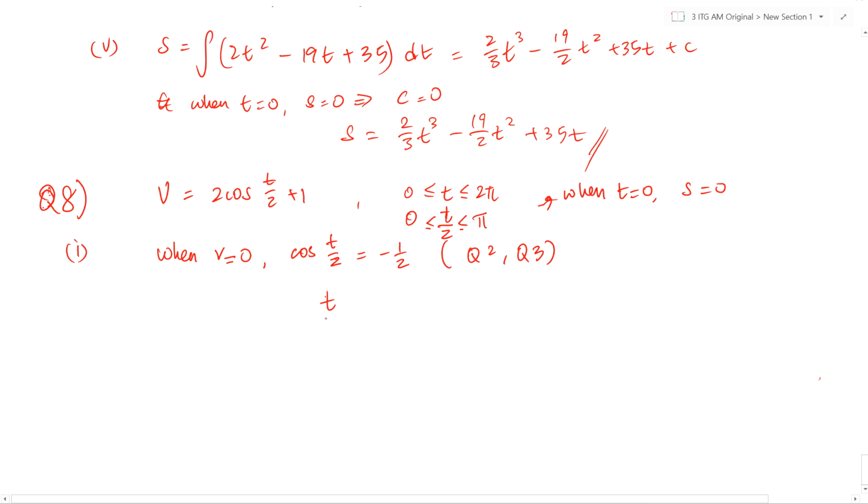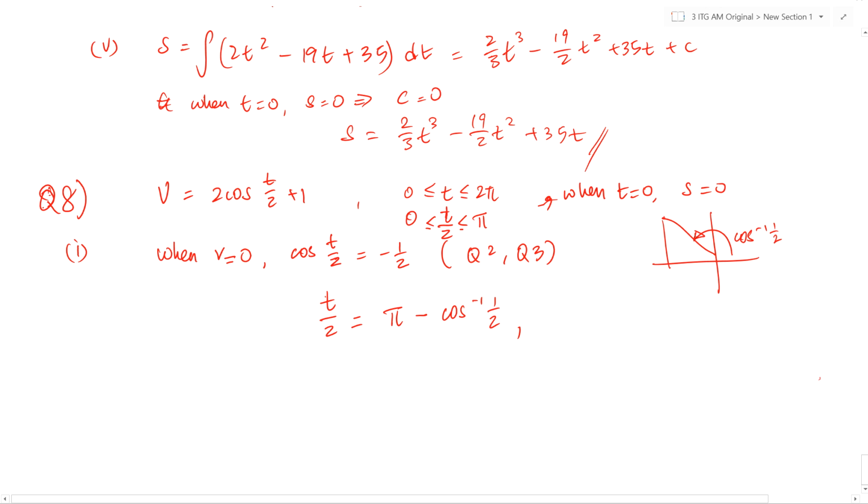I can tell that t over 2 is now going to be in quadrant 2, there will be pi minus cosine inverse half. That's going to be my first answer. Do you agree? This is the angle in quadrant 2. Now the angle in quadrant 3 is, what is it going to be? If quadrant 2 looks like this, this is cosine inverse half.